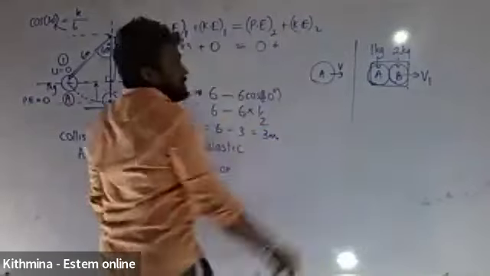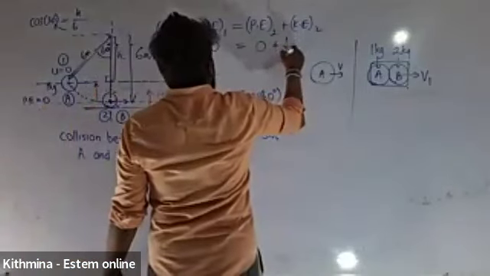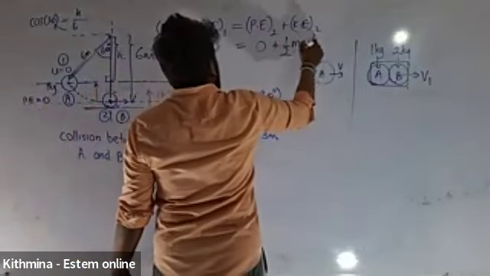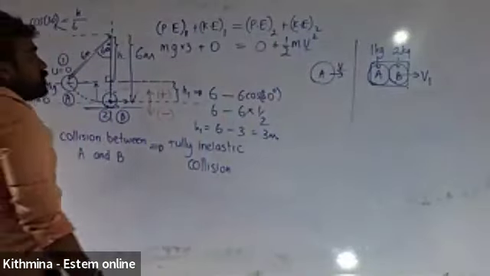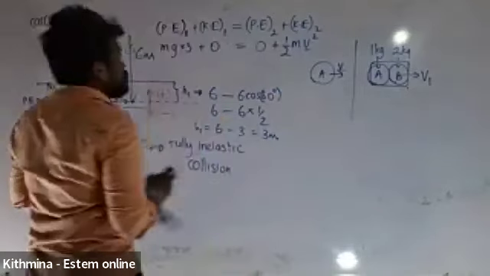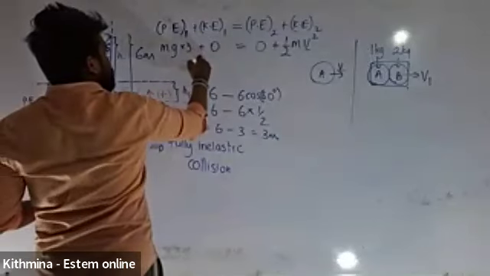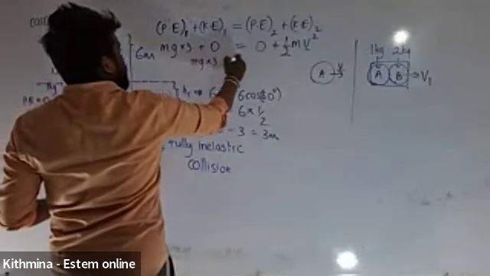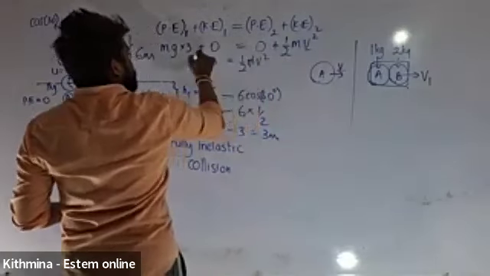Now this is the place that gives us the answer. That is half mv squared. This v is this v. Now, I want to simplify this. This is mg times 3 and this is half mv squared, so m cancelled.